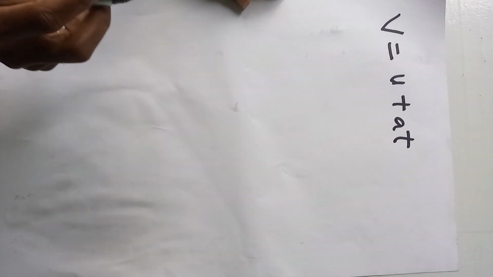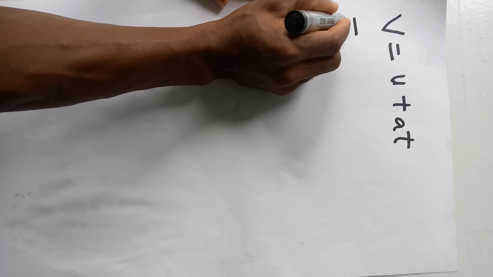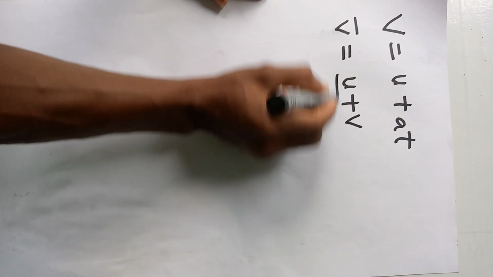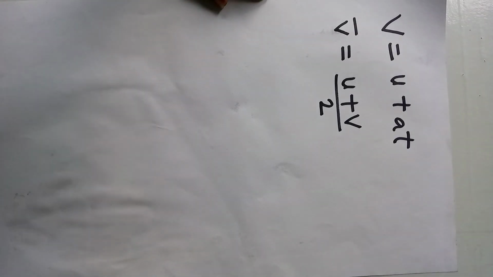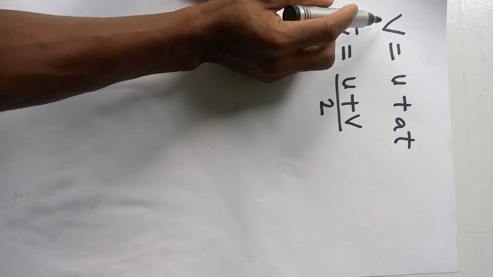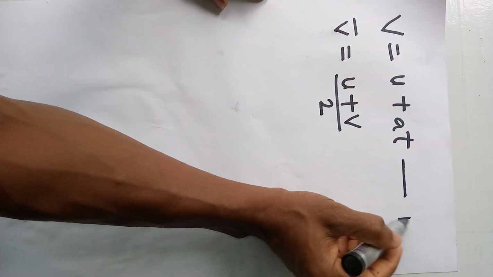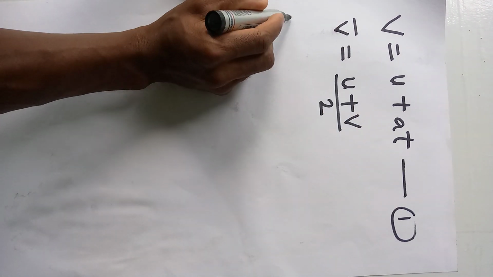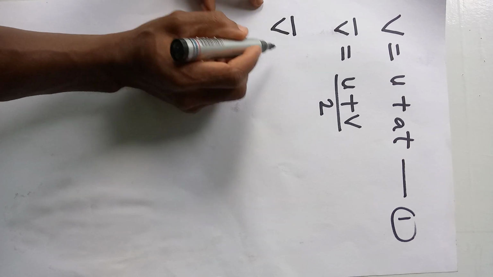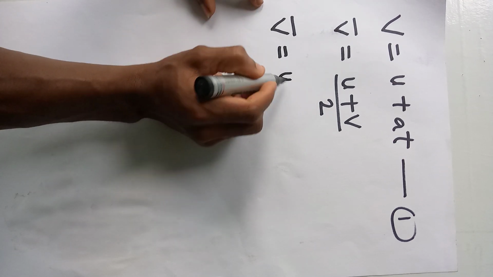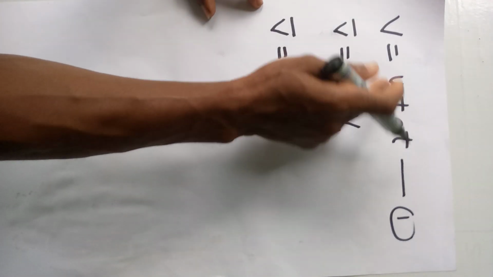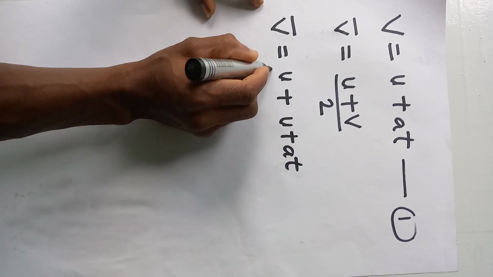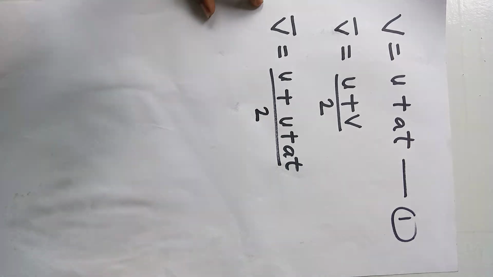And we also know that average velocity is given by U plus V over 2. So quickly, let's substitute the value of V in the first equation into the V in this formula. So we have average velocity is equal to U plus V, which is U plus AT, all divided by 2.